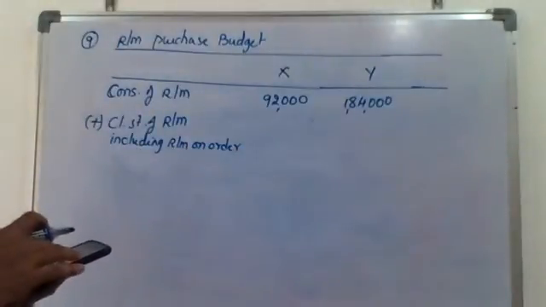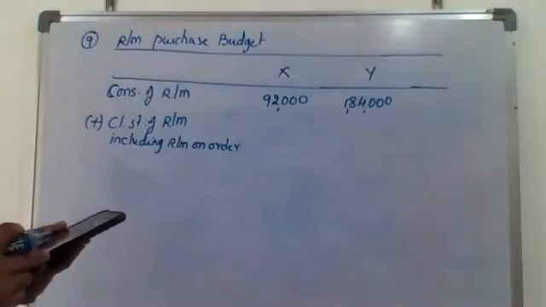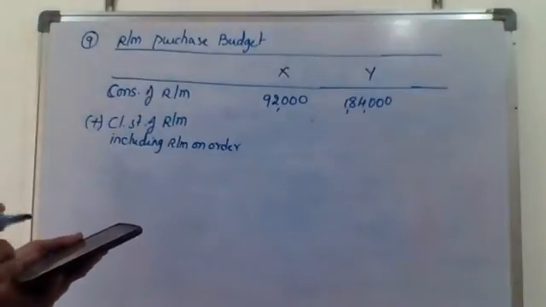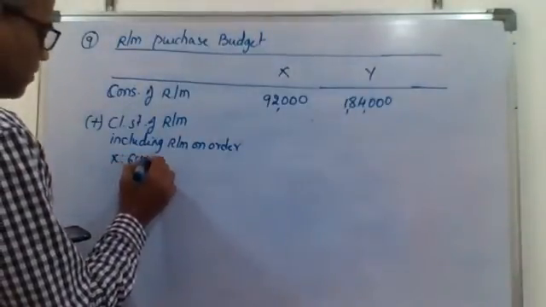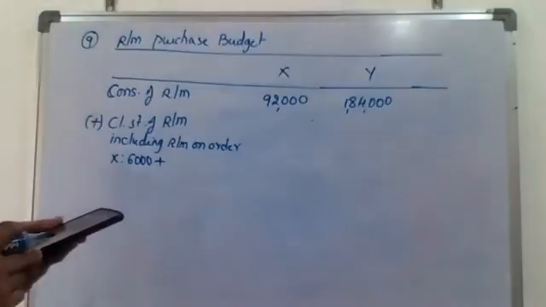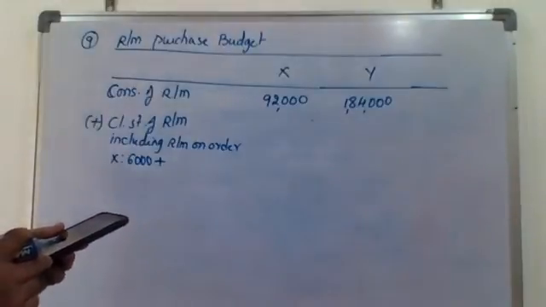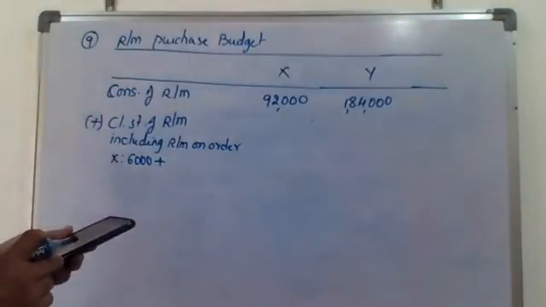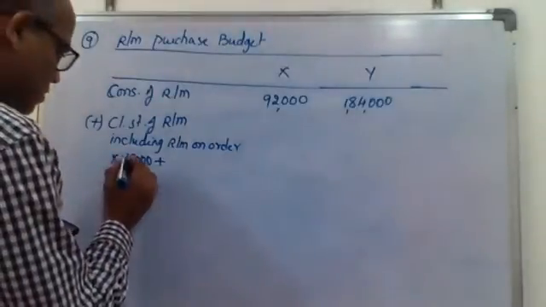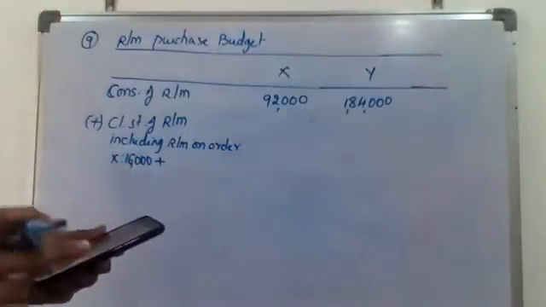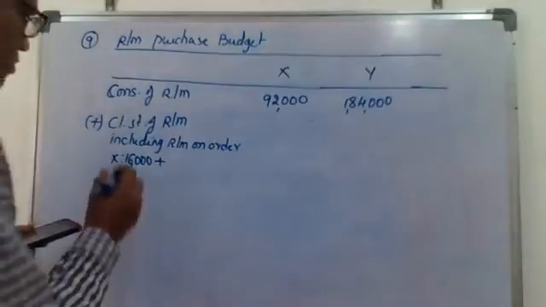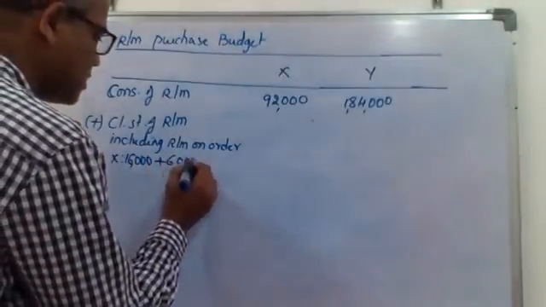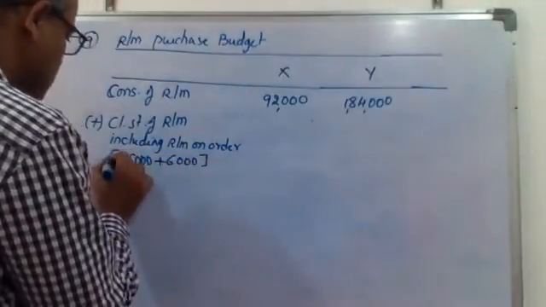If you look at the question, what is the closing stock of raw material X? Estimated closing balance of material X is 16,000. Material on order for X is 6,000. So it is 16,000 plus 6,000, which is 22,000 units.